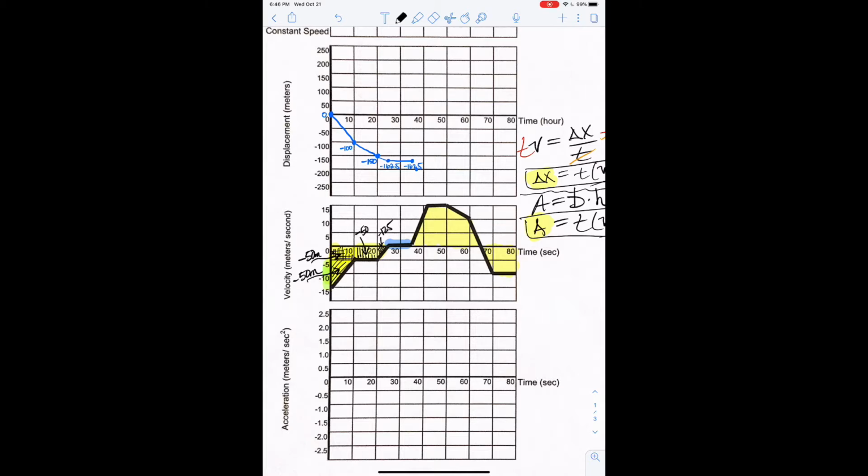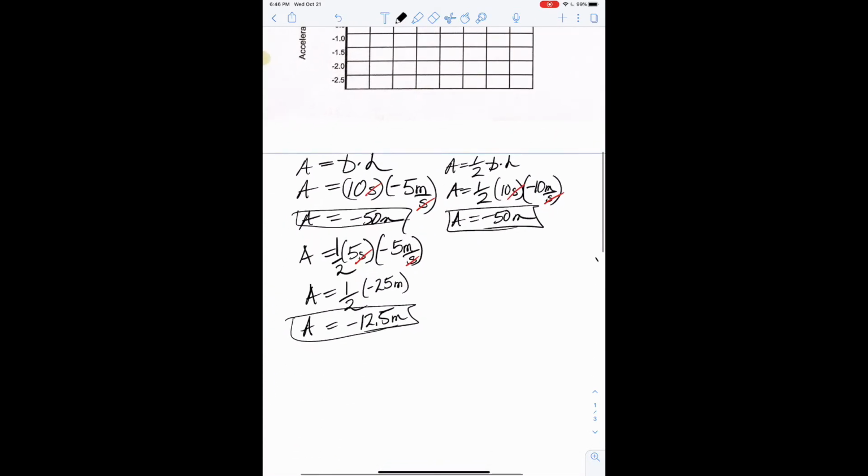Let's go ahead and take the area of this triangle right here. That triangle from 35 seconds to 40 seconds has a base of 5 seconds, a height of 10 meters per second. So area is equal to 1/2 base times height.